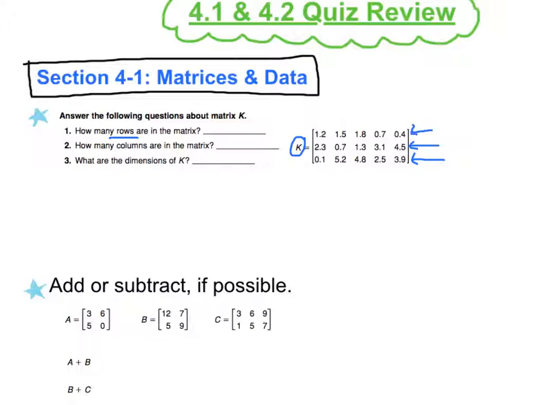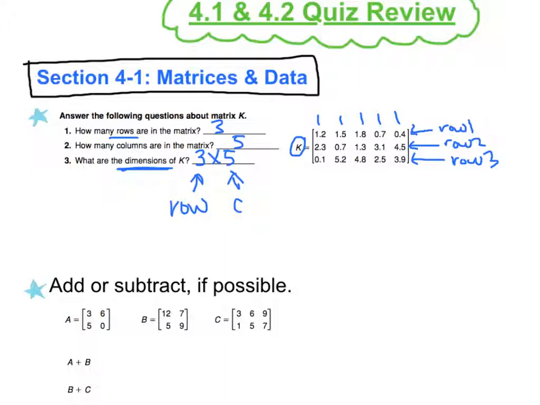So this is row 1, row 2, row 3. You guys know this. So there are 3 rows, and then there are 1, 2, 3, 4, 5 columns. Therefore, the dimensions of this are going to be a 3 by 5 matrix. You always go row by column when you name it. All right, so that's all about naming.